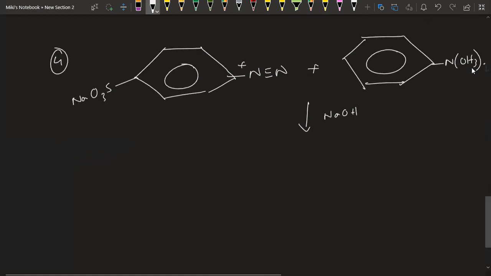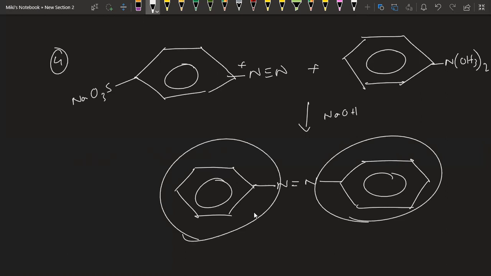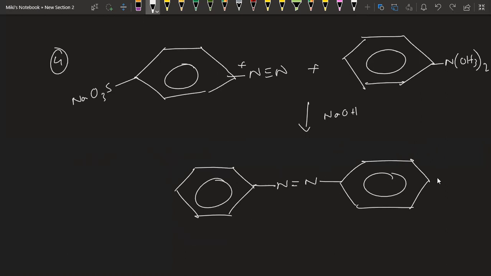See, there's no phenol towards our right, but the reaction is still going to take place, forming the desired bond, which is N double bond N, and the two benzene structures get bonded with each other. The other things remain the same.